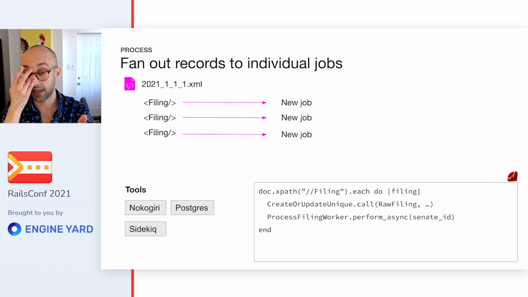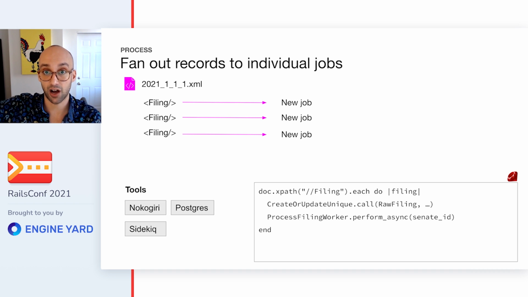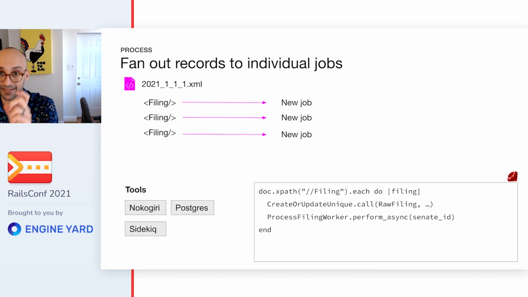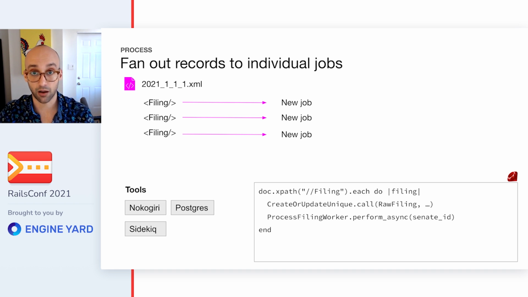We write the XML of each filing to Postgres. Now that sounds a little weird. We haven't even processed the filing yet. We haven't really even looked at what the fields say. But by writing each filing string to Postgres, we can spawn off a job that actually processes that single filing that we've extracted from the file. And the only thing we need to pass to that job is the record ID in Postgres that contains the raw XML of that filing.